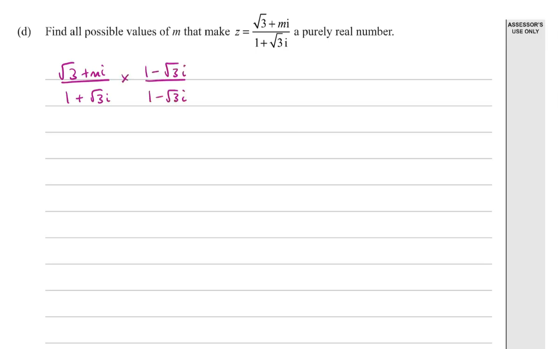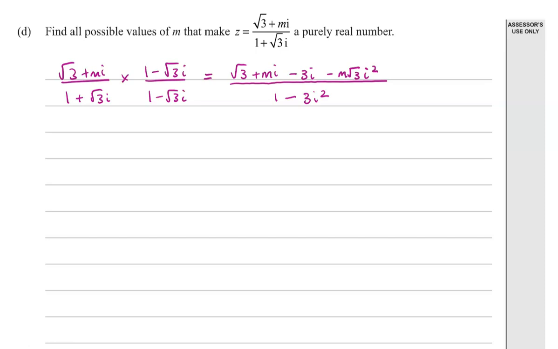So we work through, first of all, timesing it by the conjugate of the denominator. So we're rationalizing the denominator so that we can tidy this up into just one thing, in the form of a plus bi type of complex number.